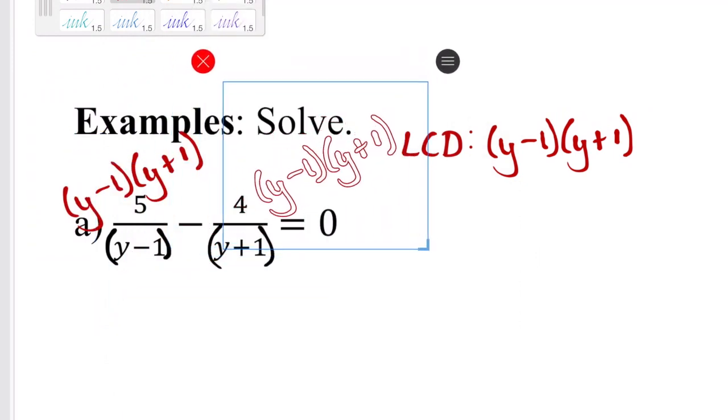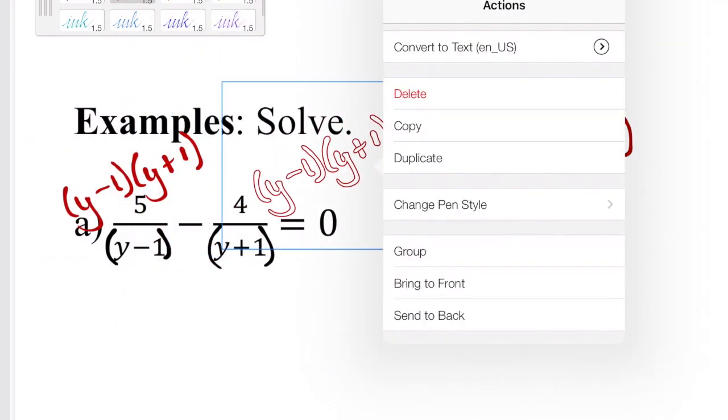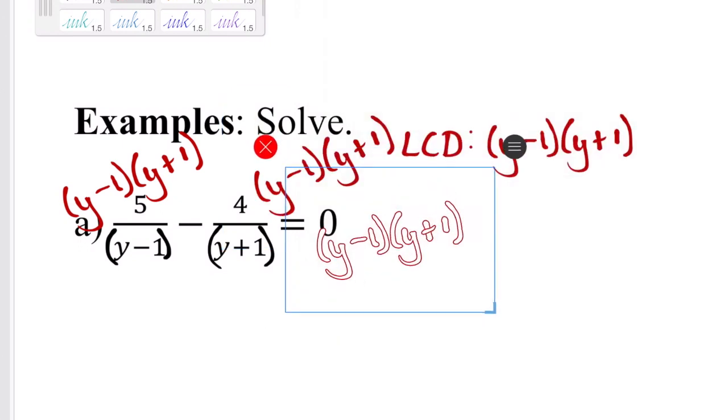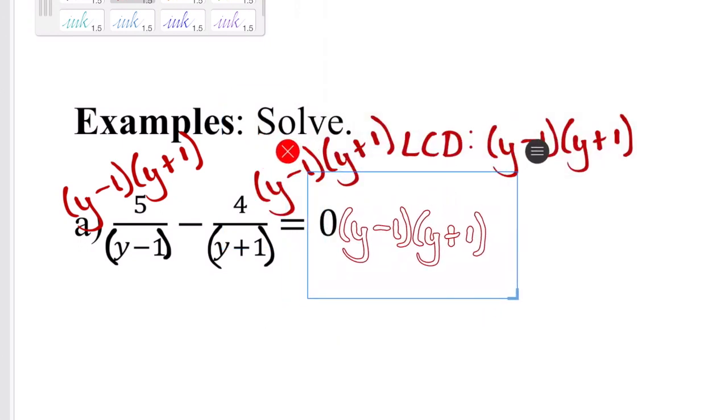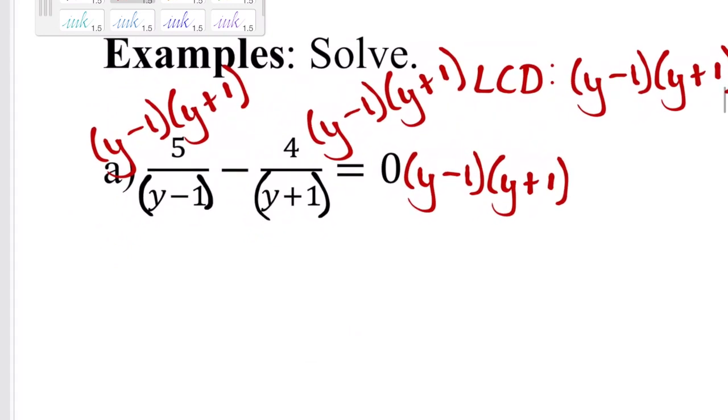So I'm going to multiply every single term here, including my 0. So then going through each one, my y minus 1s cancel out. I'm left with my 5 and my y plus 1.